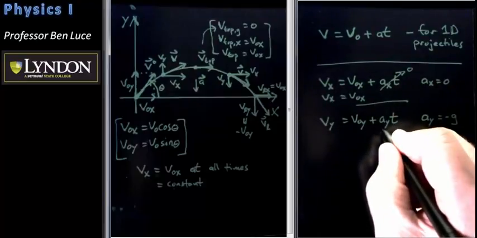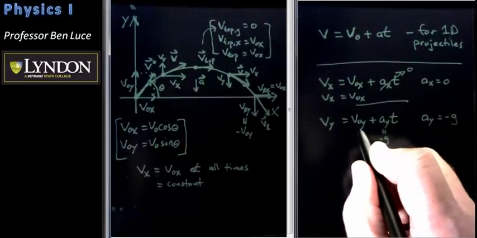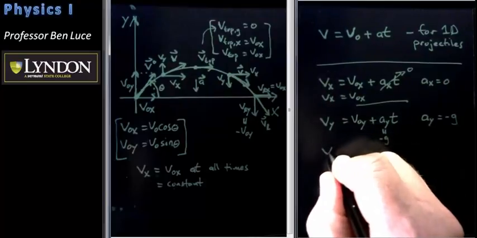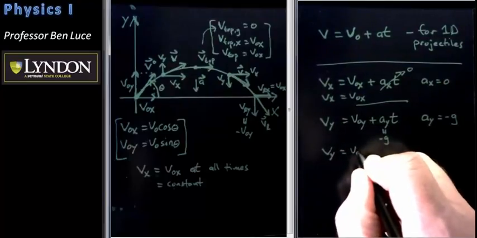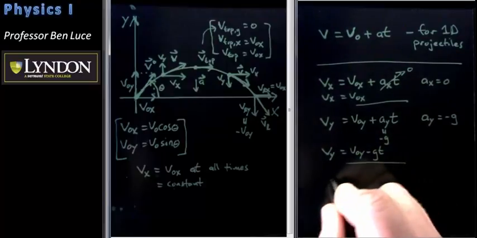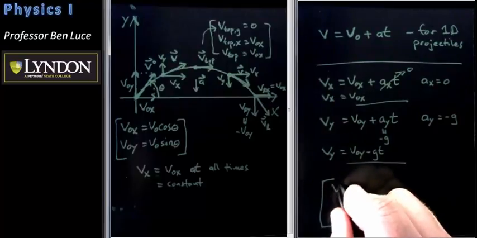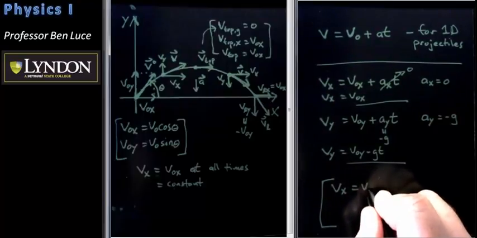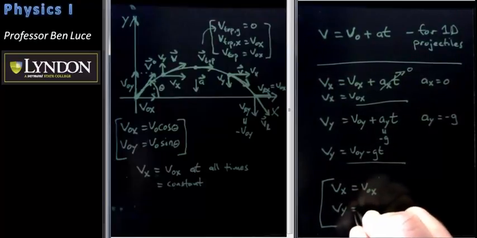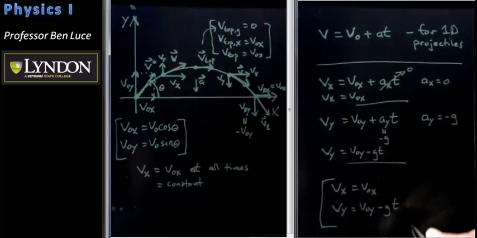In the y equation, we have minus g, and v naught y will also be non-zero, so our vy equation becomes v naught y minus gt. And so we obtain, as our result, that vx simply equals v naught x, and vy equals v naught y minus g times t.